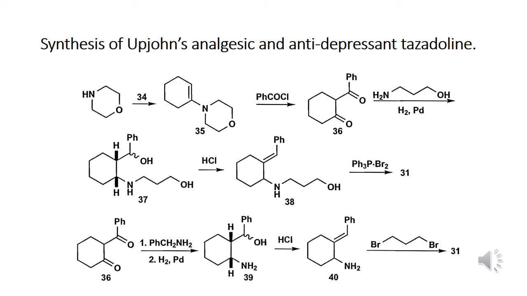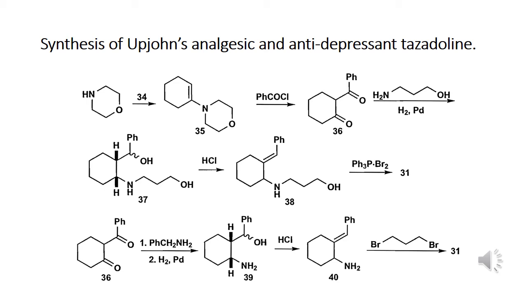So the diketone structure 36 we are going to use here is made by acylation of the morpholine enamine, that is structure 35 of 34, and reductive amination with 3 amino propanol to give structure 37, that is dehydrated in acid to the amine, that is structure 38.